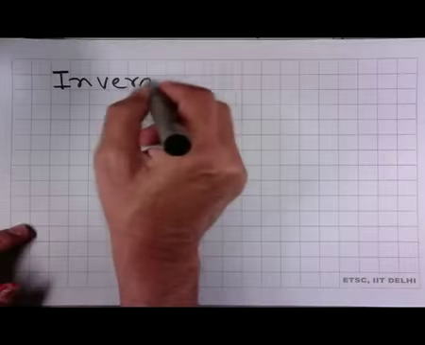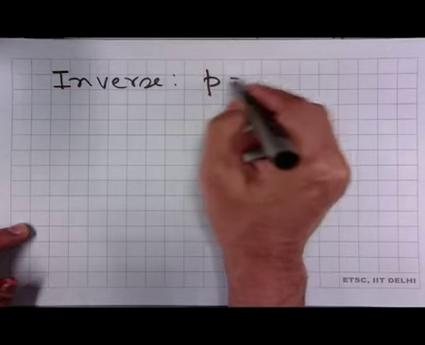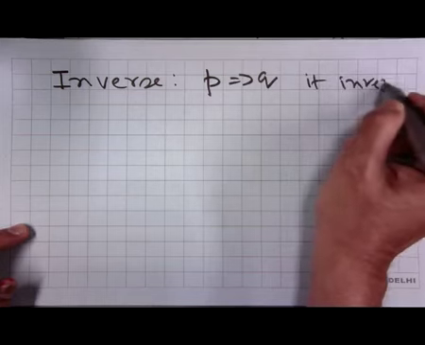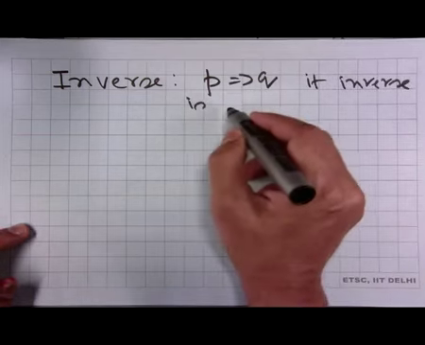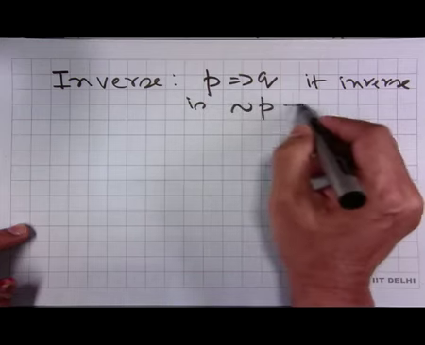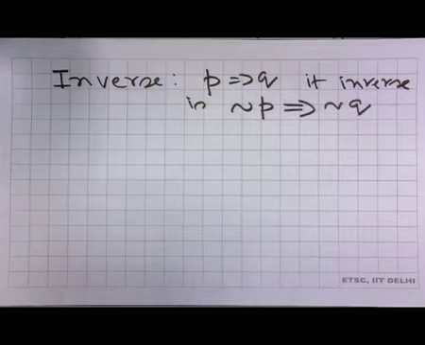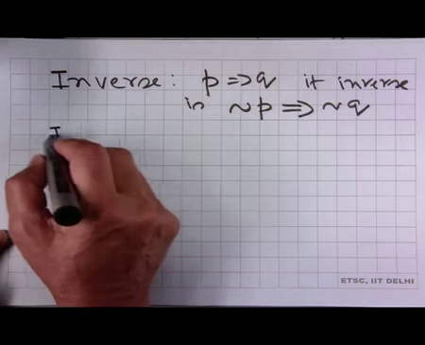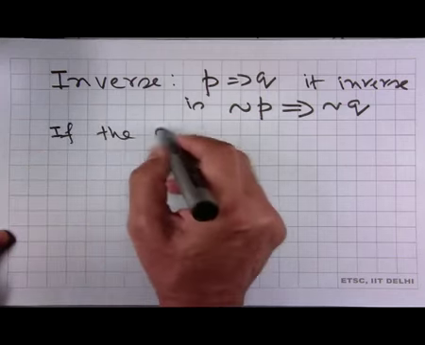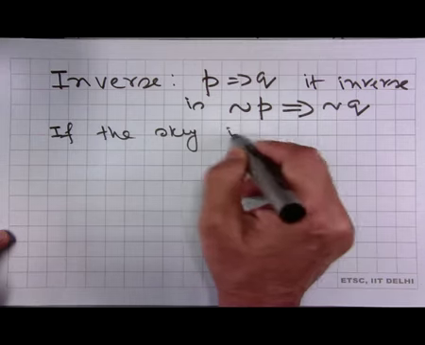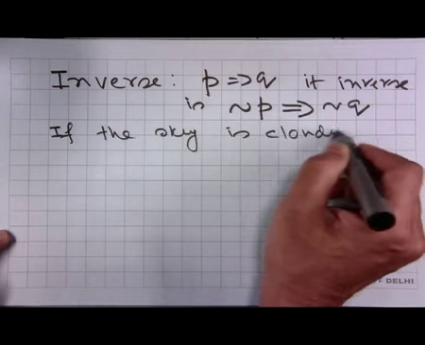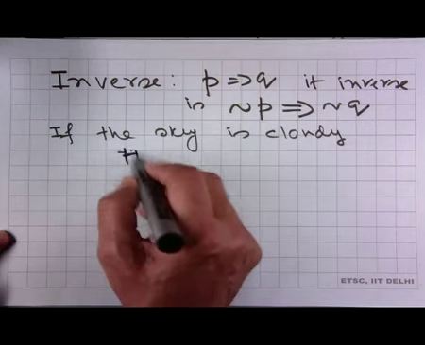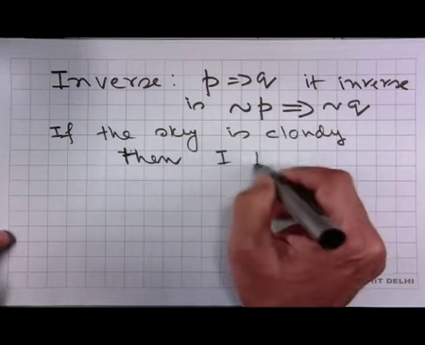What about the inverse? P implies Q, its inverse is not P implies not Q. In other words, if the sky is cloudy, then I take an umbrella.